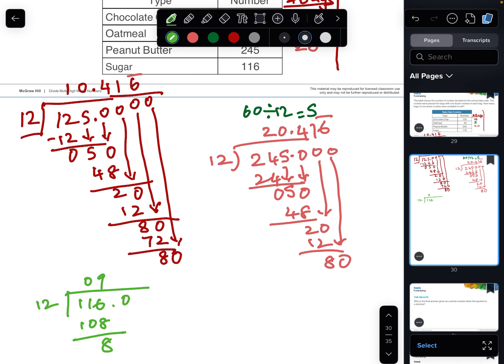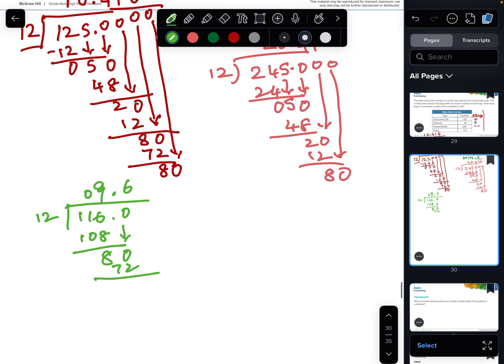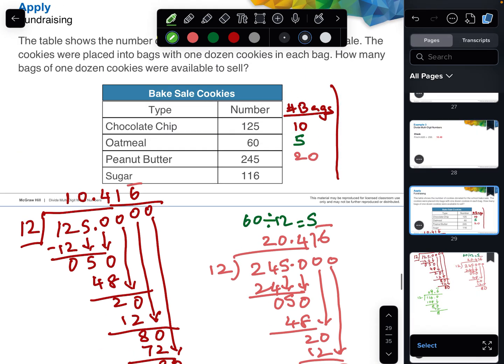I can annex a 0 as long as I add that decimal here too. So once I get 80, I know it can go 6 times, 72. And this is going to keep repeating. 9.6666. But how many full bags can I have? 9.